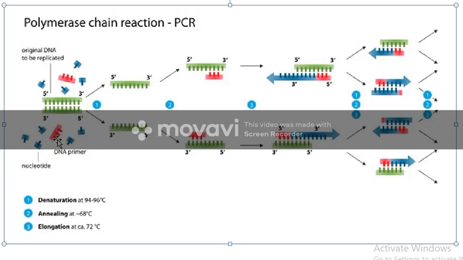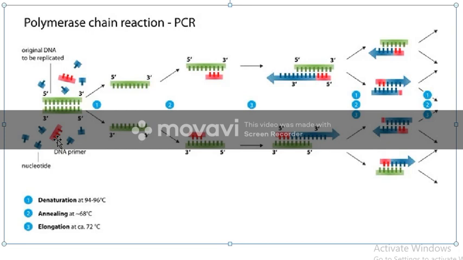If we repeat with the 2 copies and double it, it will become 4 copies of DNA. Then 4 copies again, running the same cycle, will become 8 copies of DNA. Every time we run one cycle, which is denaturation, annealing and then extension, we will have a doubled amount of the DNA copies.